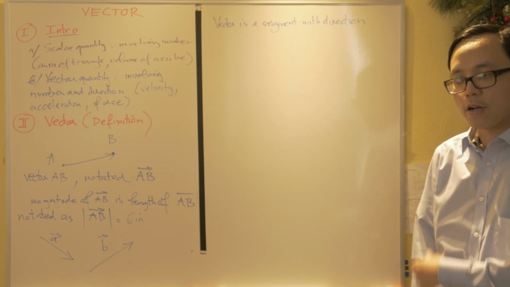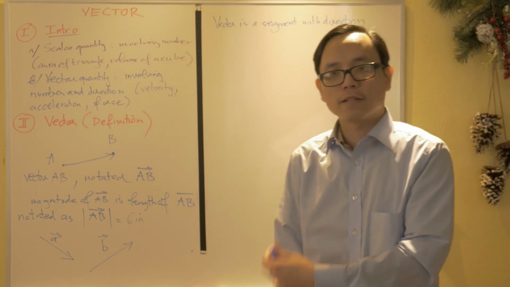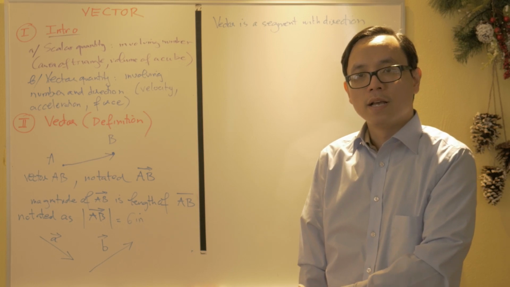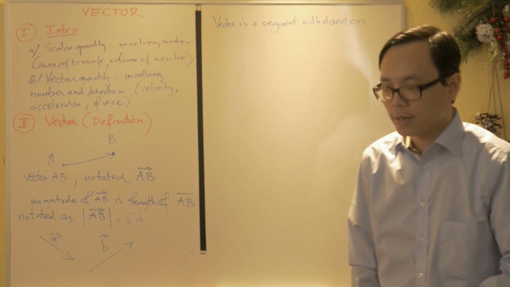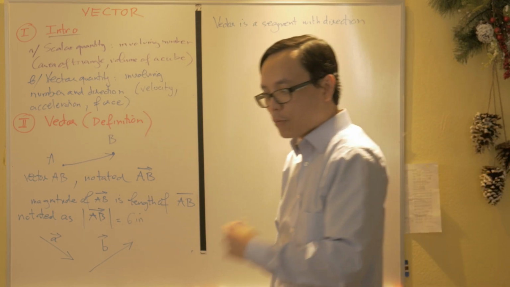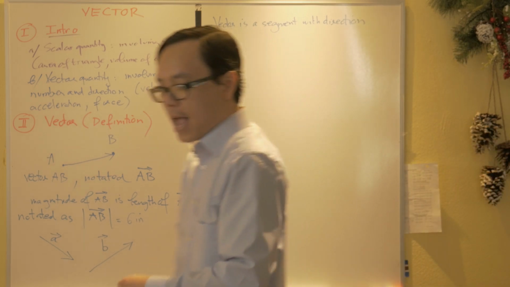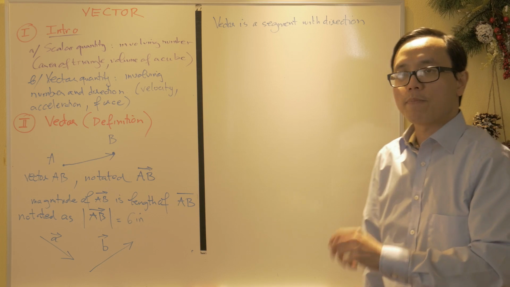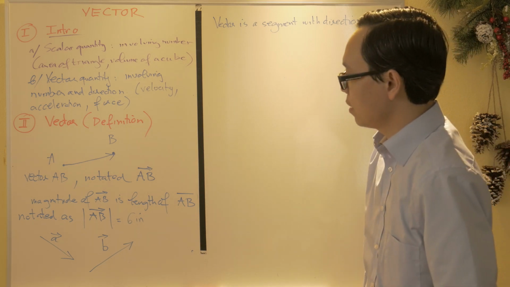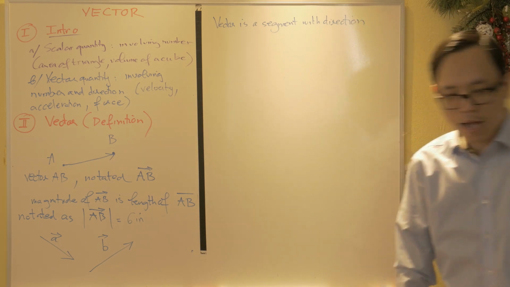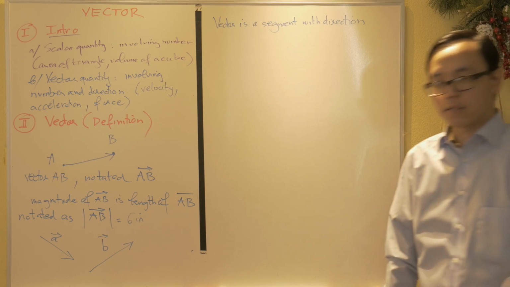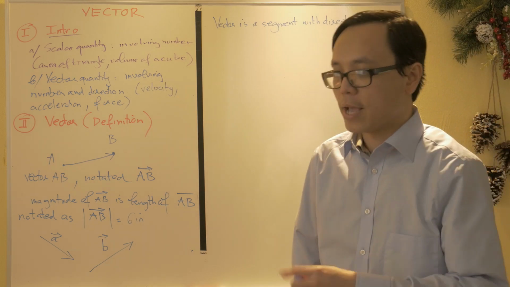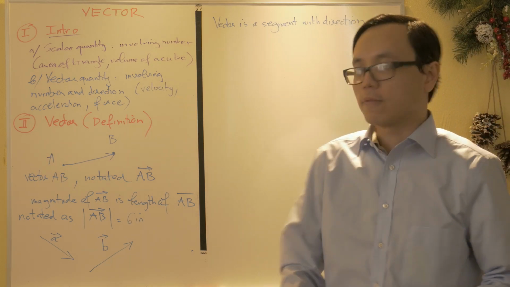Is a congruent or equal vector the same definition as equal segment or not? Let's consider that, which is one of the properties of vector. We also talked about the opposite vector or parallel vector. They are all properties of vector.